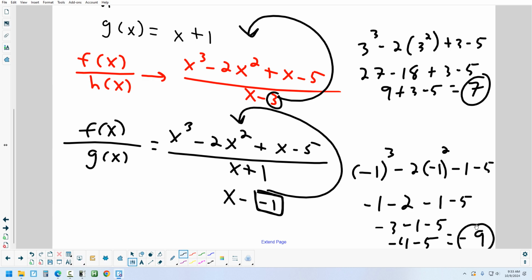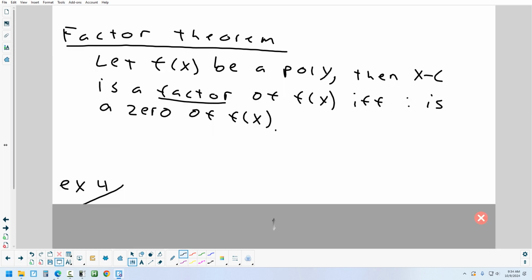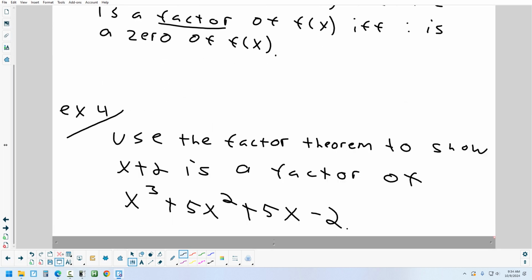Okay, so is x plus 1 a factor of the numerator? No, because we get a remainder of -9. Okay, so this will be our last one. It says, just worry about example 4. We're not doing what's up there.